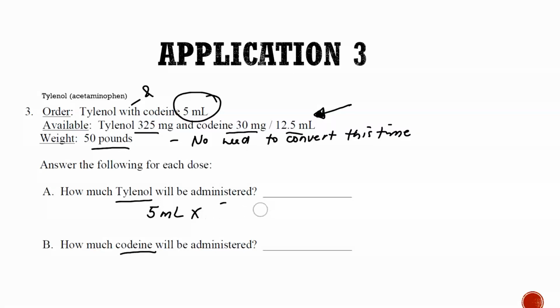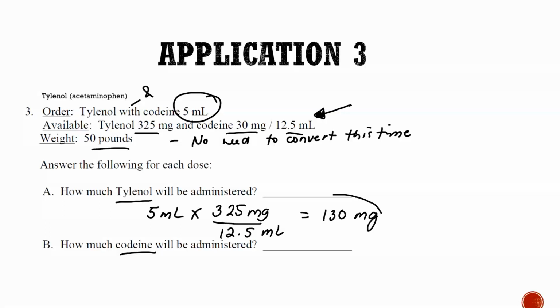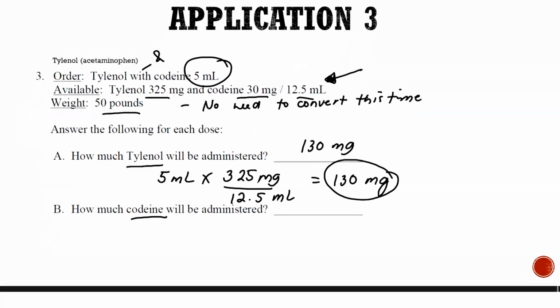So 5 ml times 325 milligrams, because we're trying to figure out how much acetaminophen is in this order, divided by 12.5 ml, that equals 130 milligrams.